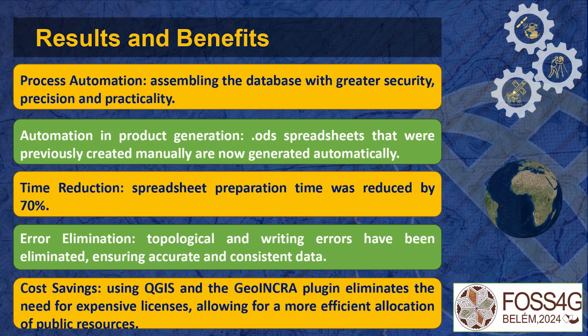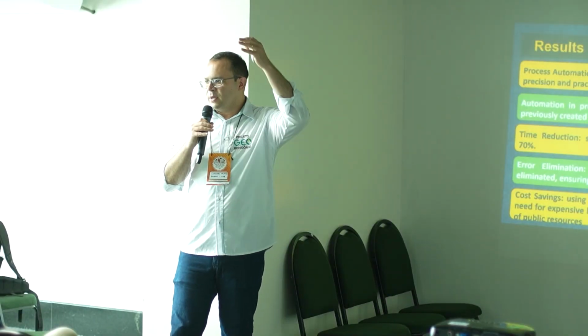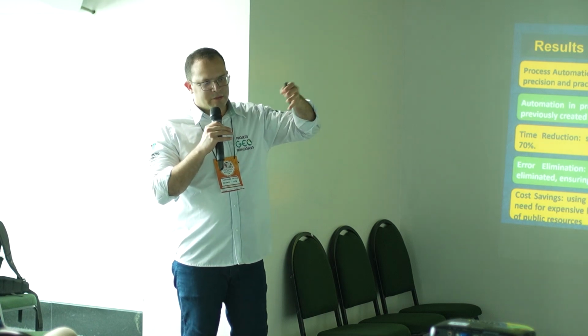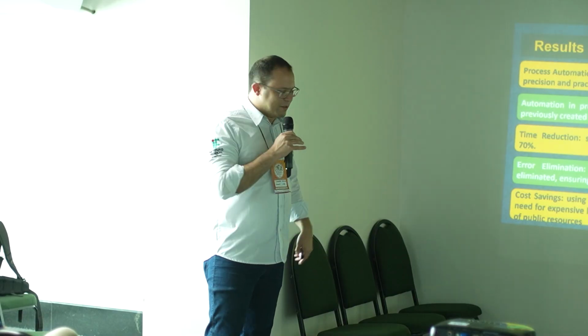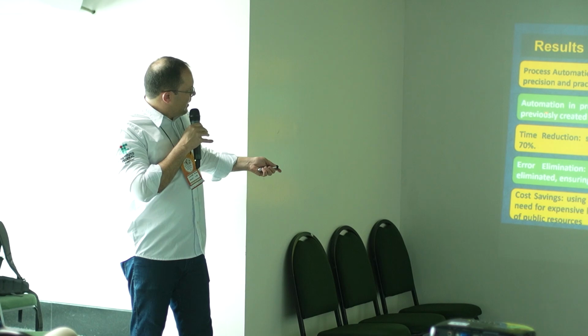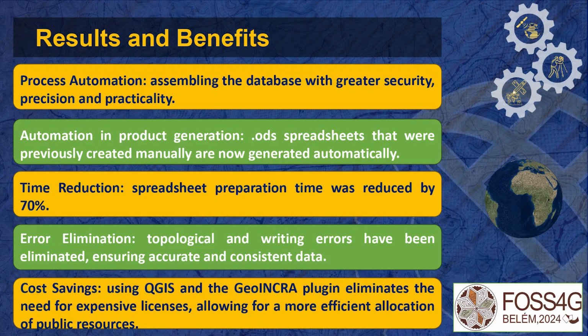So when we have organization in our project in QGIS, you can use tools like those to create files of any kind, because Python is a very good programming language, and we have a library for everything. So you can create ODS, text, TXT, and other formats. We have automated product generation: ODS spreadsheets that were previously created manually are now generated automatically.